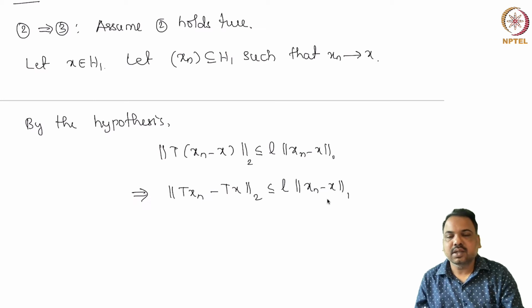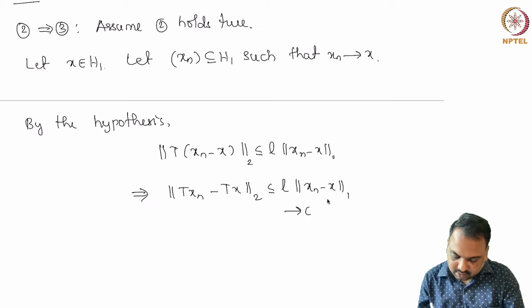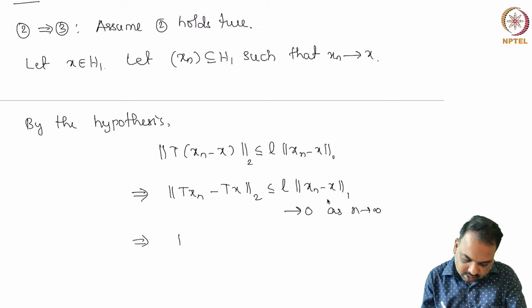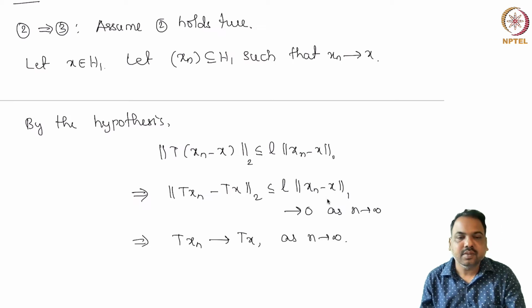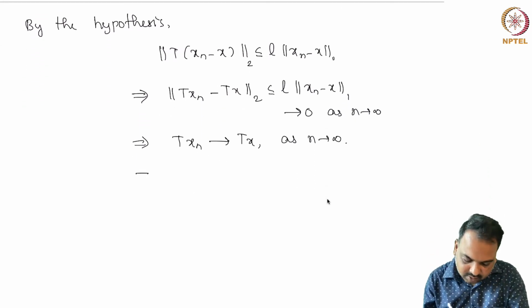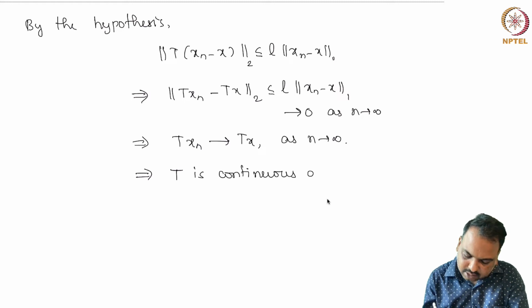Okay, we know that Xn converges to X, so this converges to 0 as n tends to infinity. So this says that Txn converges to Tx as n tends to infinity. From this we can conclude that T is continuous at X in H1.